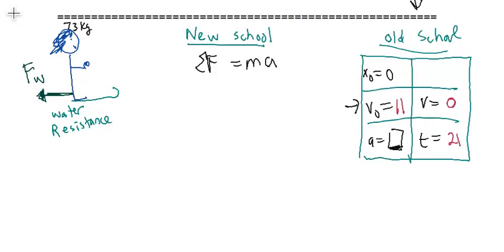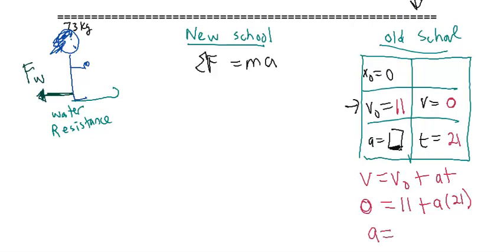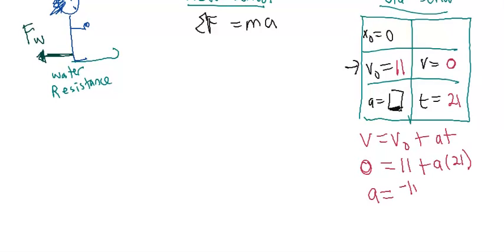We still have the velocity row filled out, so V equals V naught plus AT. She comes to rest, so 0 equals 11 plus A times 21. You're going to subtract 11 from both sides.